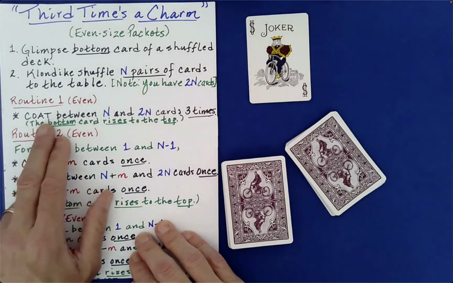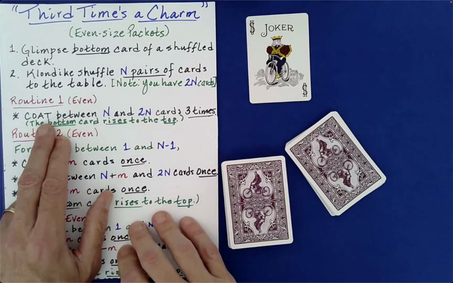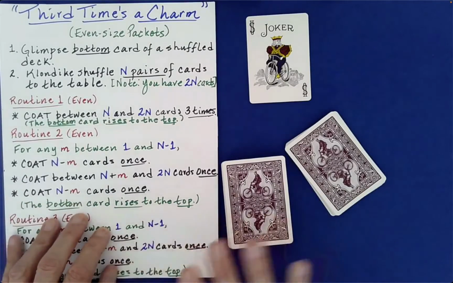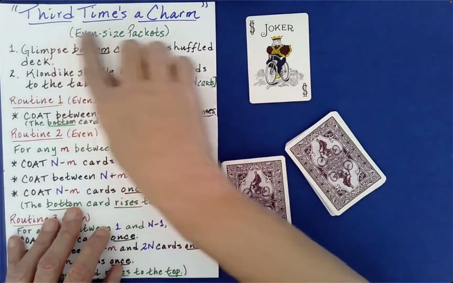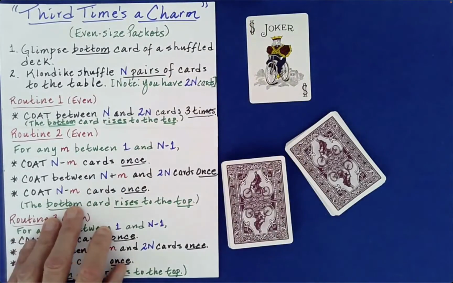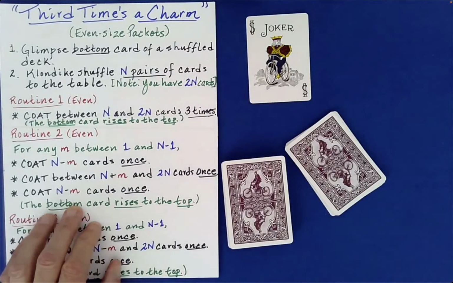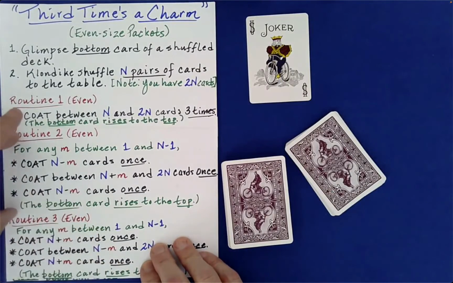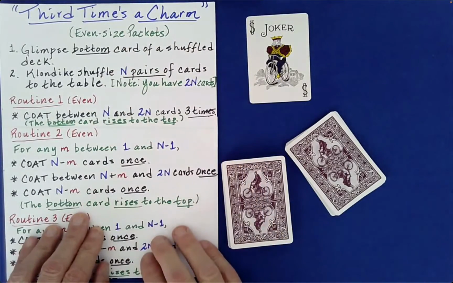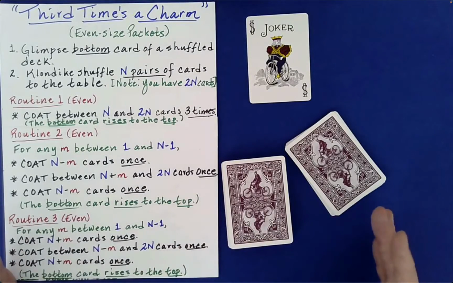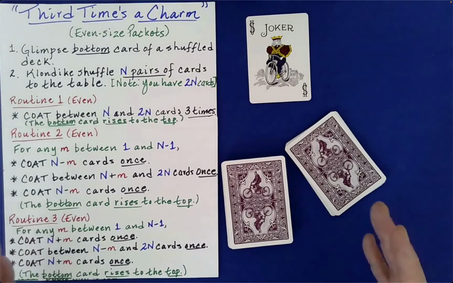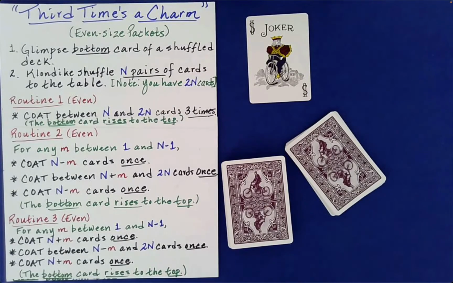So it's not the same word 3 times. It ends up that you can actually spell out different size words if you do it in the right sort of way, and this third time's a charm still works perfectly. It accomplishes exactly what we've been doing, okay? And so anyway, that's what we'll do next time in routine 2. We'll kind of extend this idea, which will give you even more freedom to apply it to an even larger set of fun performances that you can design and call your own.